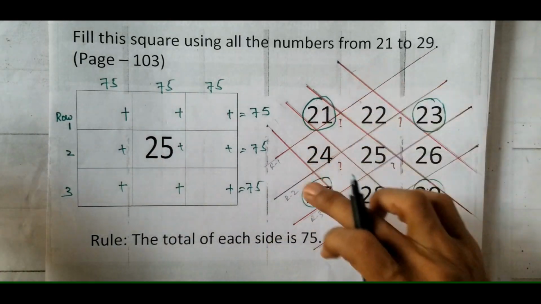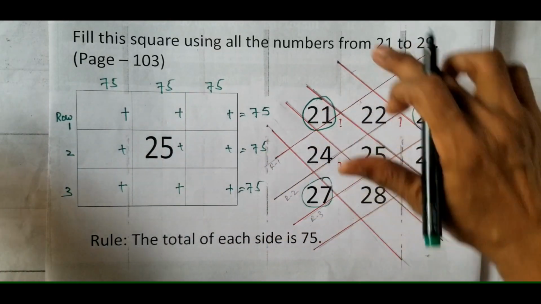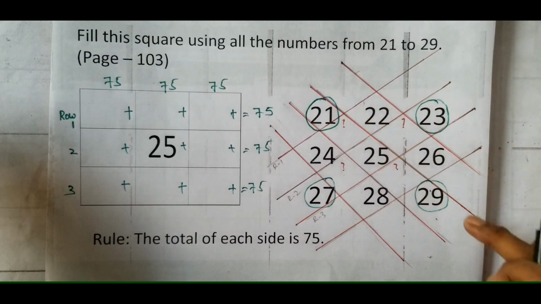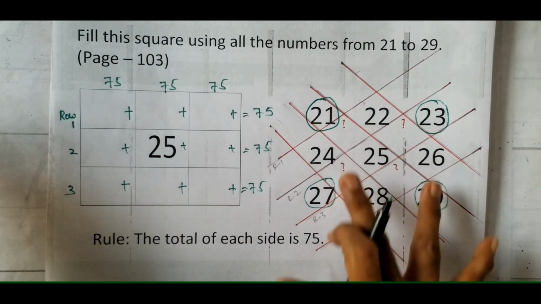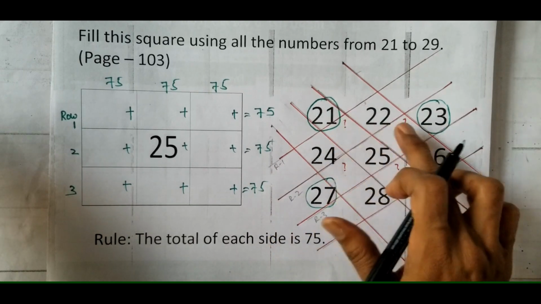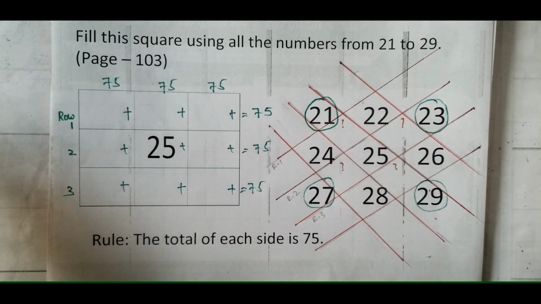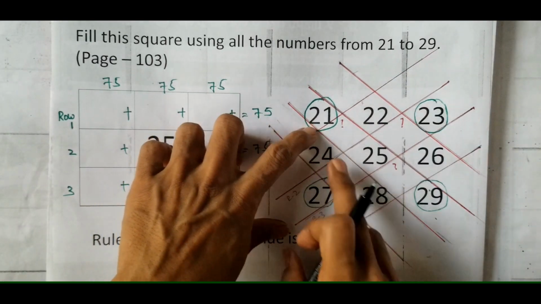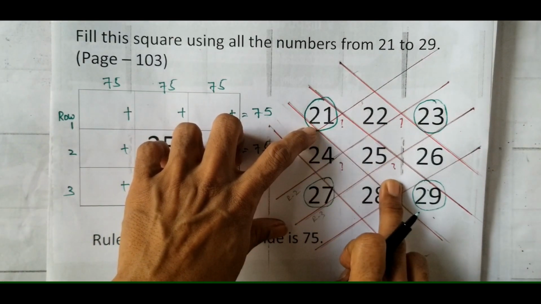They do not have any numbers in their rows. These are all blank spaces. So now these 4 numbers will replace these 4 blanks. Now when we fill in the number, this 21 will come here.